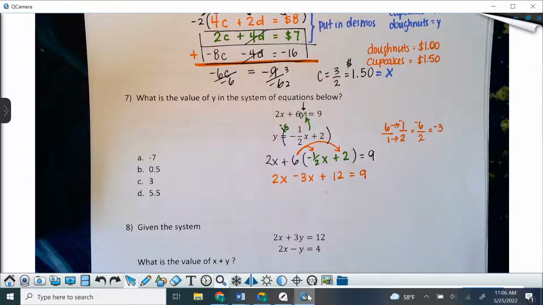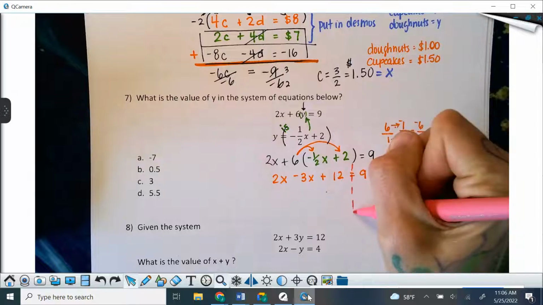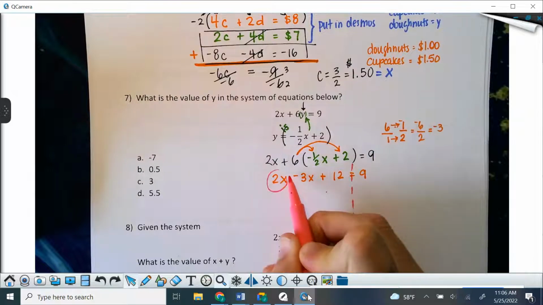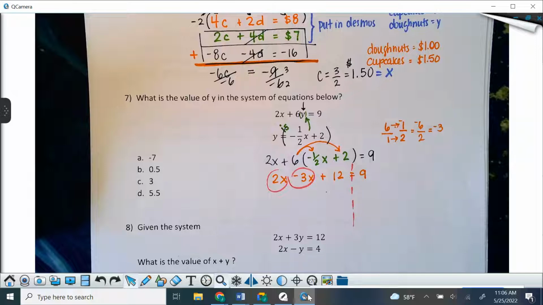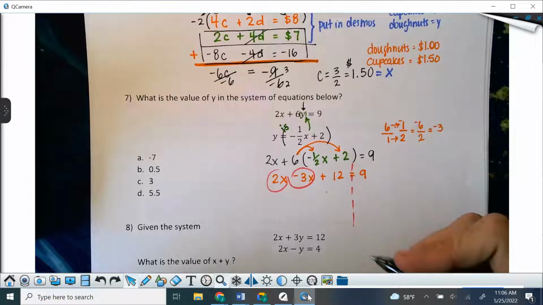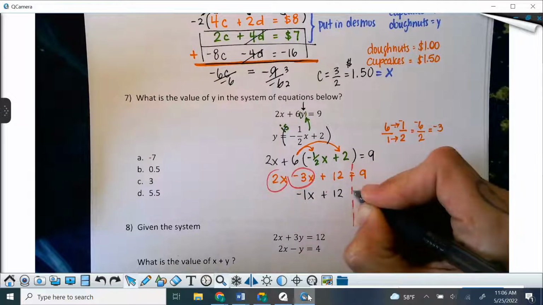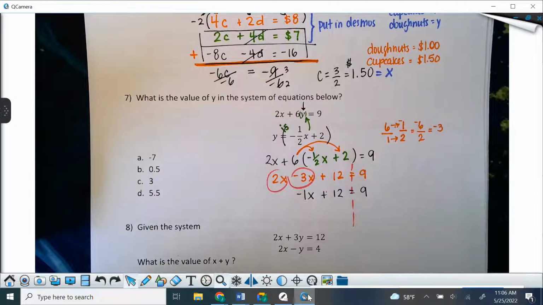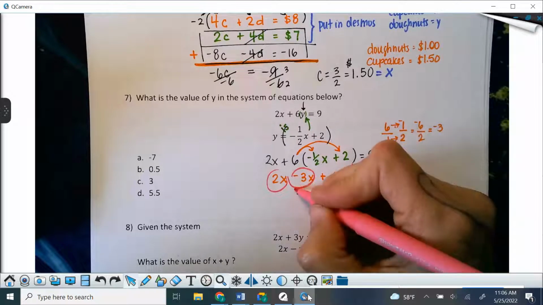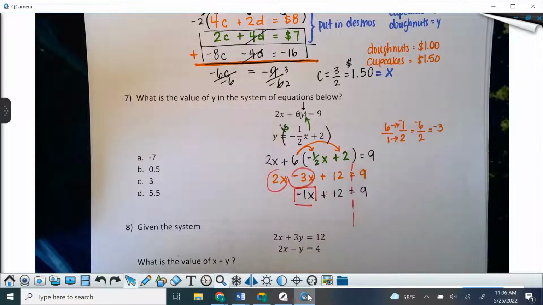Now we got to solve it, so we're going to clean up on one side first. So combine our like terms. 2x and negative 3x. So if I have $2 and I spend $3, I'm in the hole $1. I need to get my x by itself. So what am I going to move to get x by itself?